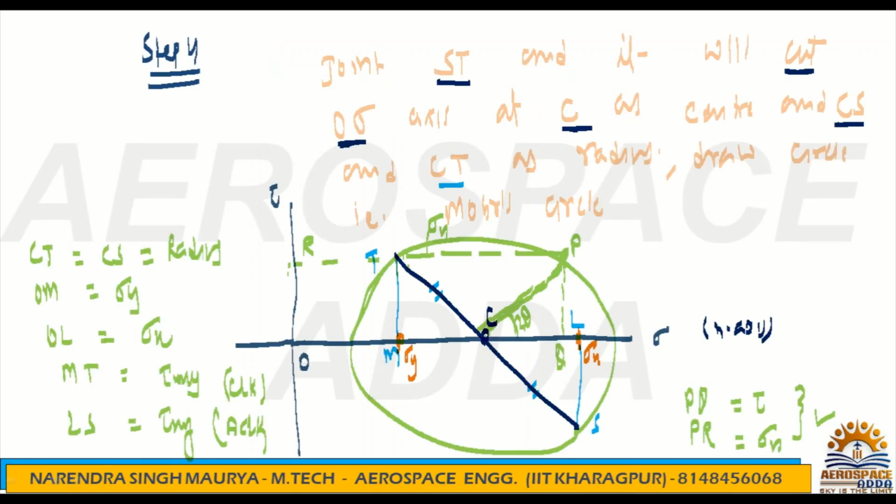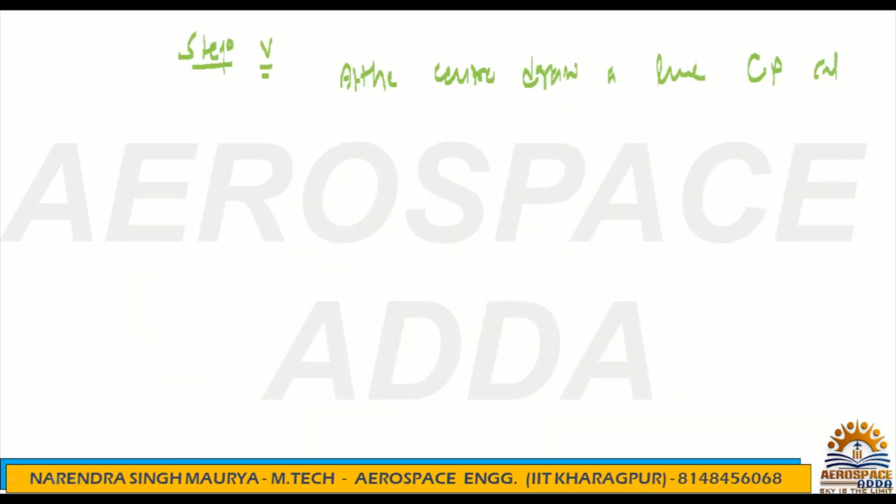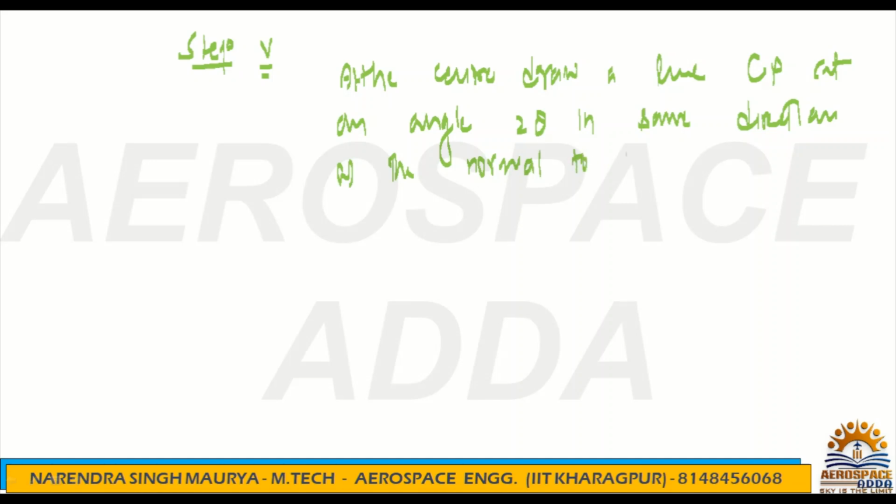I have drawn one line here. I showed you, this line is nothing but CP, at an angle 2 theta in the same direction as the normal to the plane makes with the direction of sigma x.